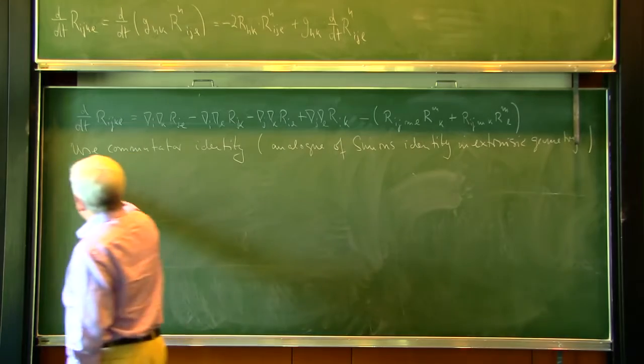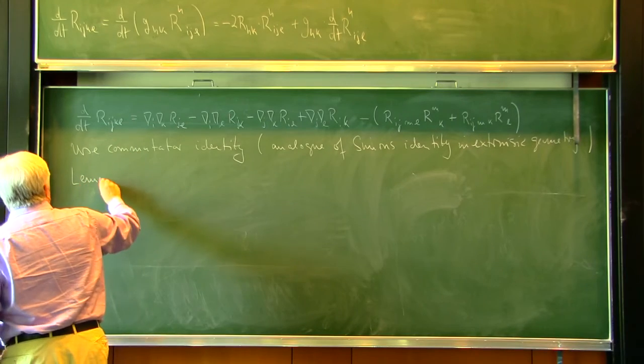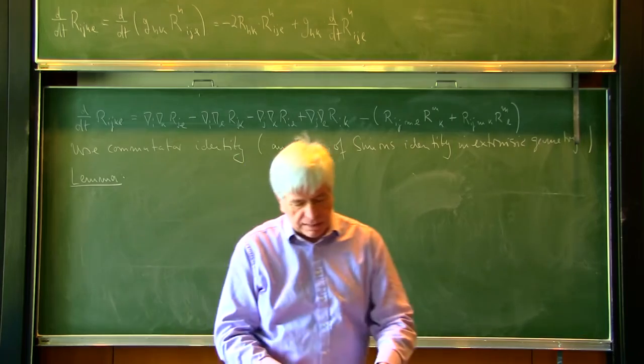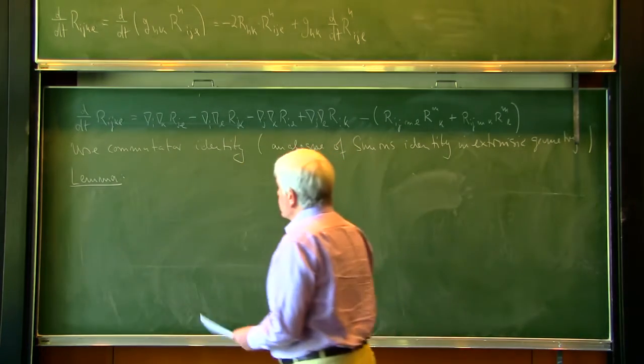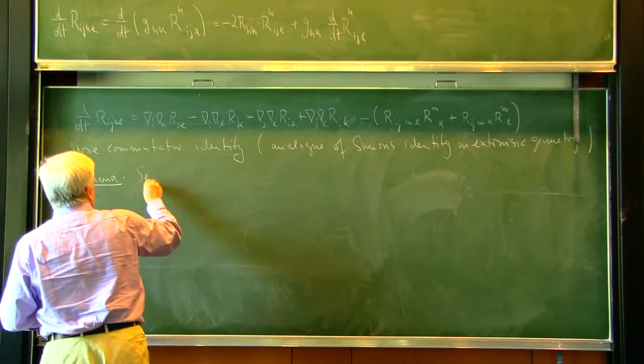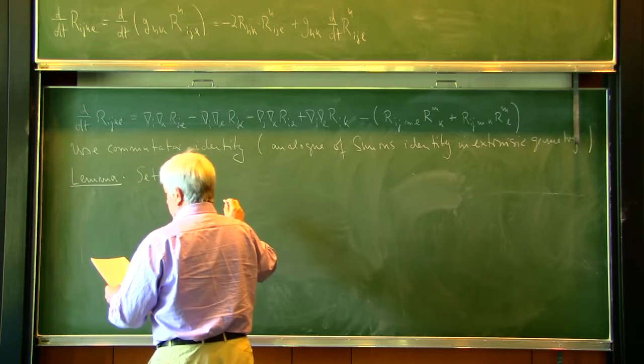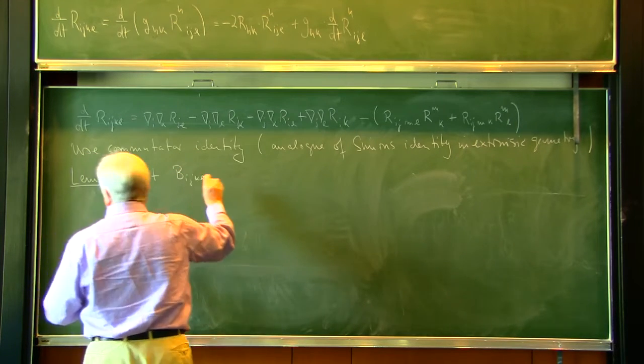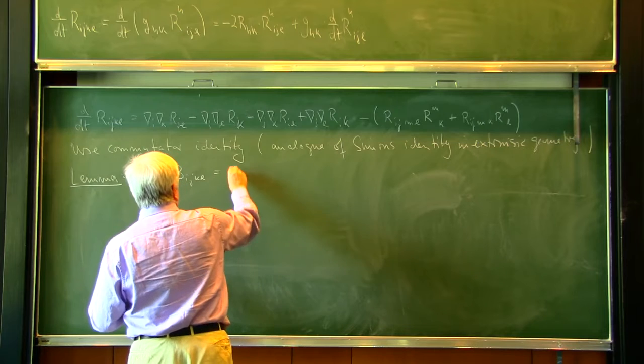And this is the following lemma, which I want to leave as an exercise. You set, for notational purposes, B_{IJKL}, using the notation that Hamilton introduced.